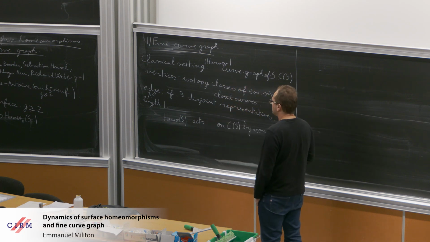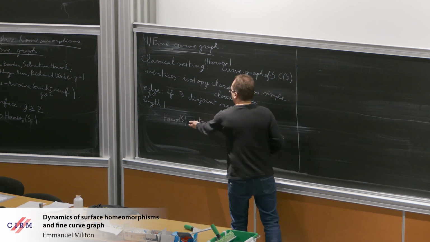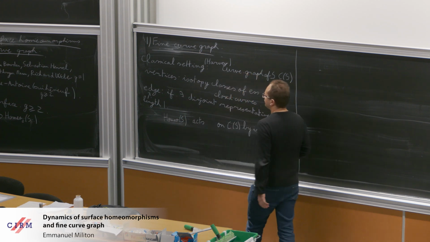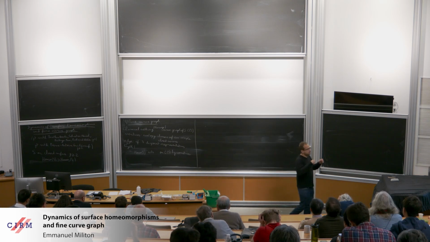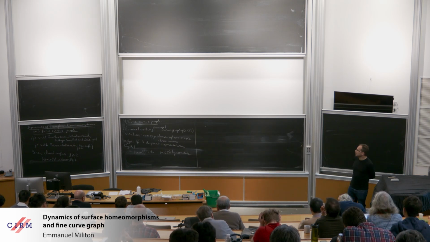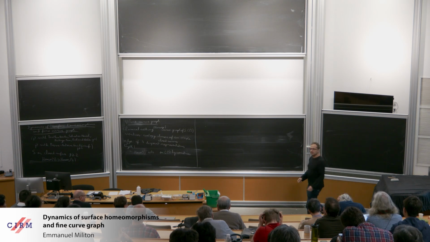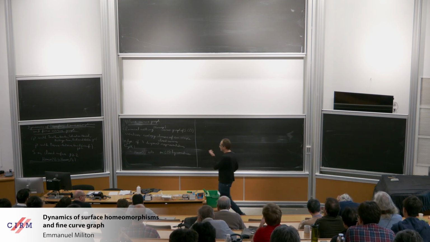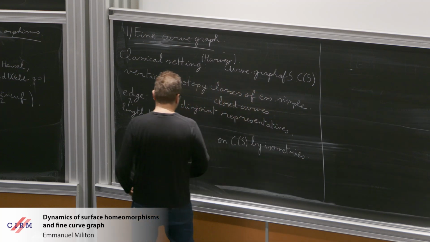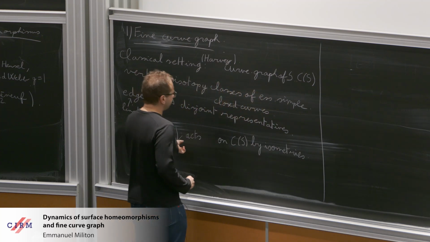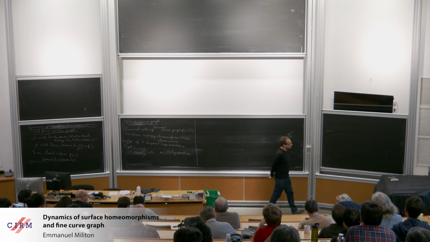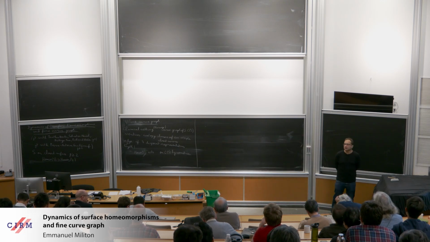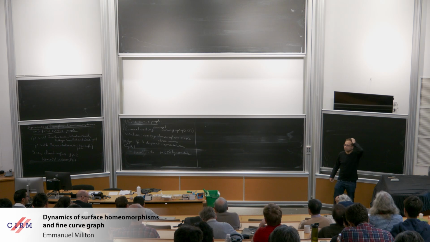Okay, but of course, why does it act? It is just because if you have disjoint curves, they are sent by such a homeomorphism to disjoint curves, so length is preserved. But the action is not faithful. Of course, if your homeomorphism is isotopic to the identity, it will act trivially.